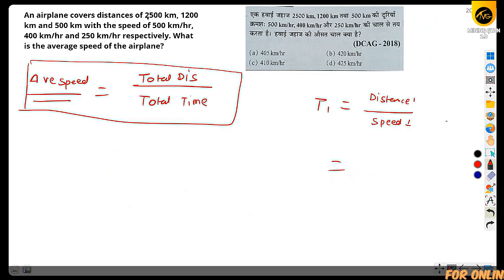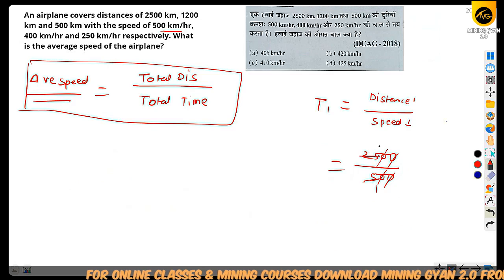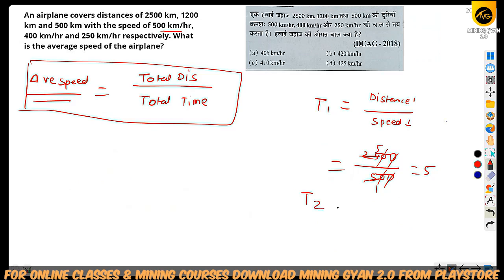Distance 1 is 2500 kilometer, and the first speed is 500 kilometer per hour. So just divide by 500. Zeros cancel, and 5 into 5 is 5. It will be 5 hours.